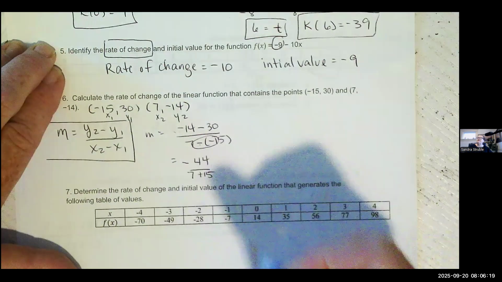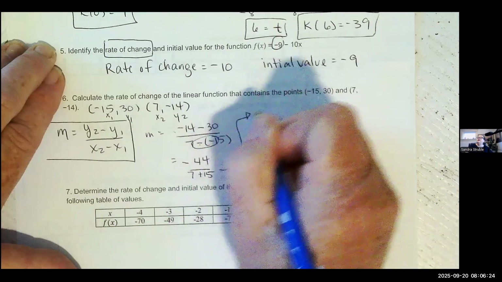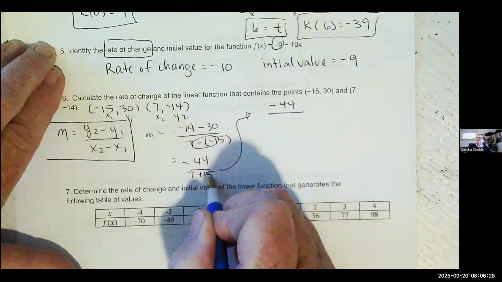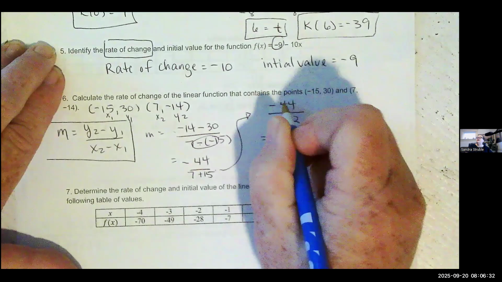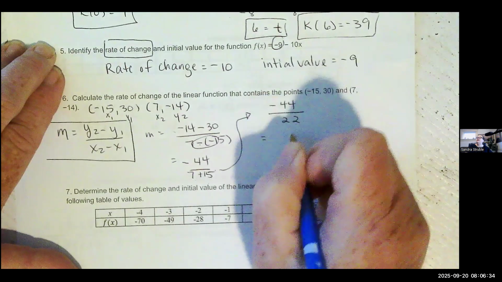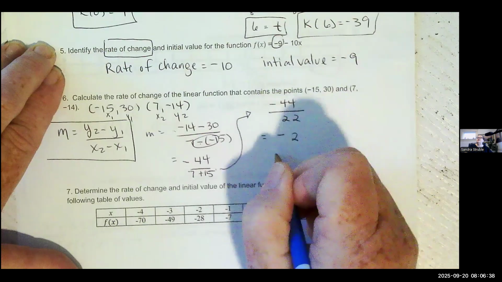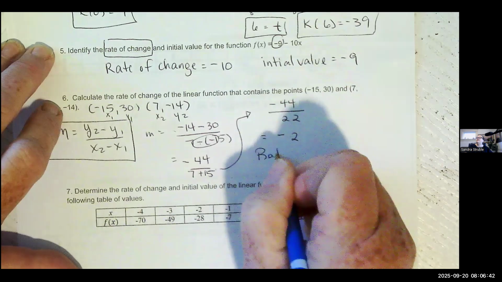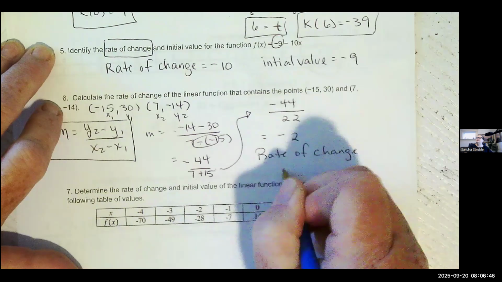I want to make sure everyone sees the same thing. Negative 44 over 7 plus 15, 22. Once you divide, negative divided by positive is a negative. 44 divided by 22 is 2. So the rate of change is negative 2.